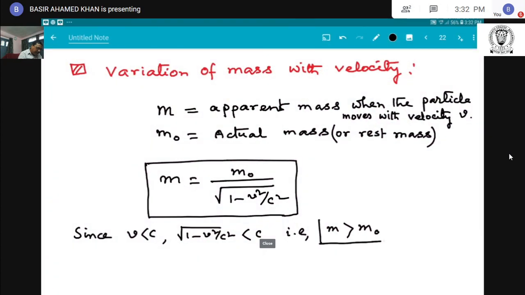Thus we conclude that when the particle moves with velocity, the mass of the particle is always greater than its rest mass.